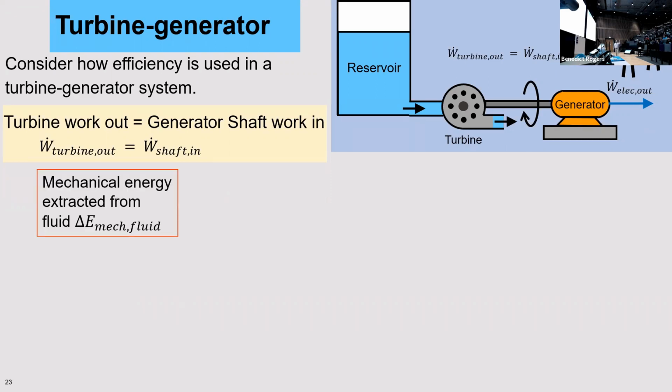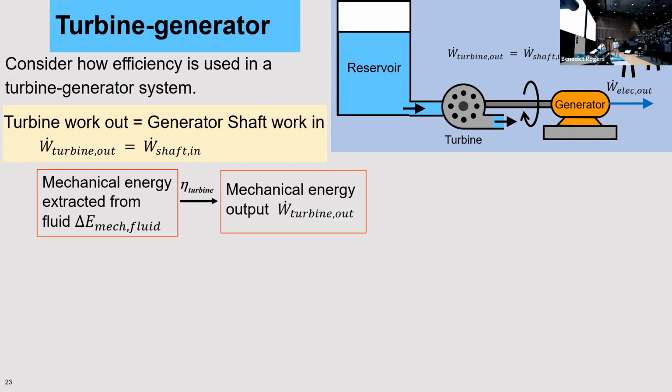So the mechanical energy extracted from the fluid, that's delta E mech fluid, gives me some mechanical energy out from the turbine. And there's an efficiency attached to that process, as we had before. So that's the turbine work out over the mechanical energy extracted from the fluid.